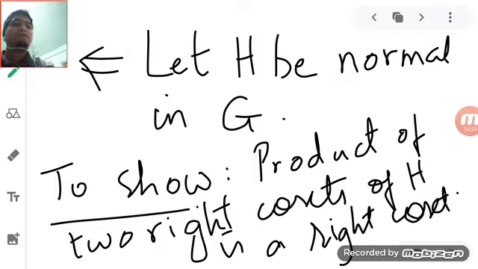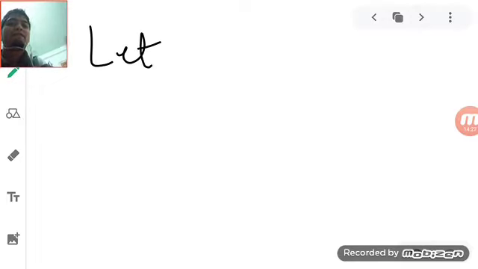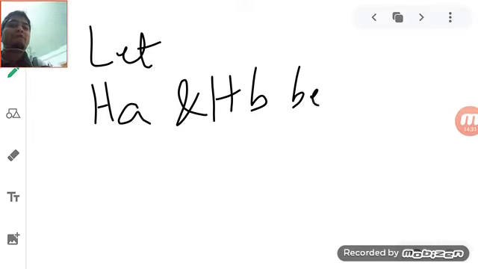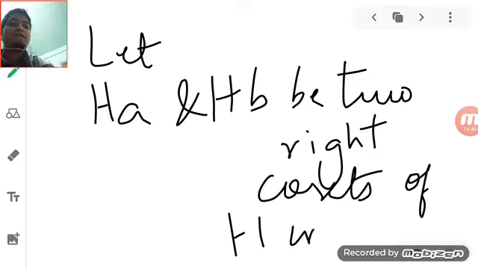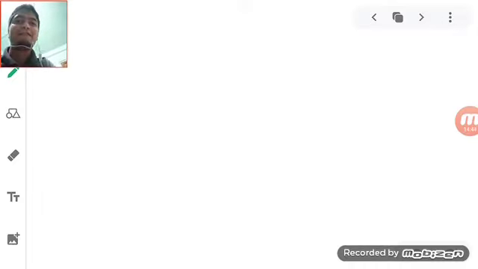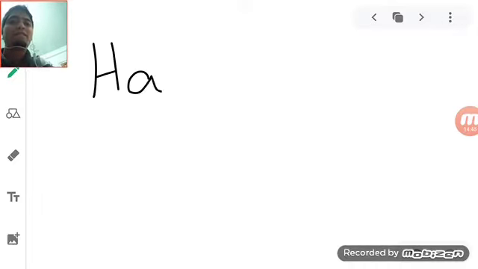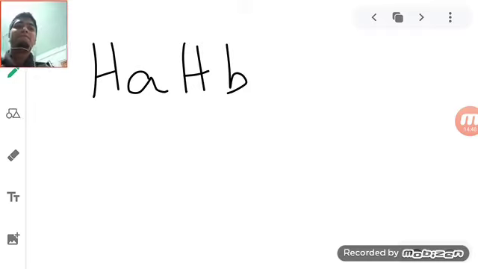So how will we do this? We just state that Ha and Hb be two right cosets of H in G. So we need to show that the product, Ha Hb, is again a right coset.